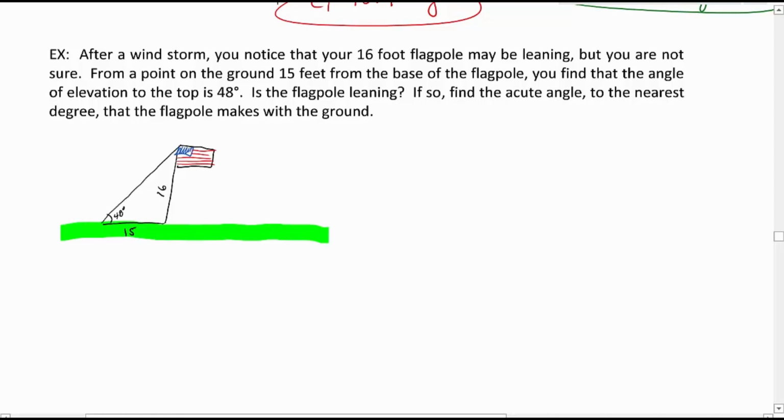And we want to know, is our flagpole leaning? Well, how would we know if it was leaning? If our angle right here that the flagpole is making with the ground is anything other than 90 degrees, then our flagpole is leaning. So if we can figure out what that is, we're in good shape. We can answer our question.